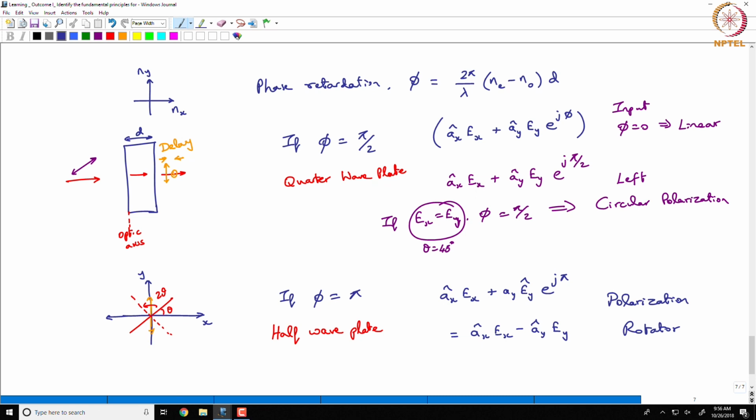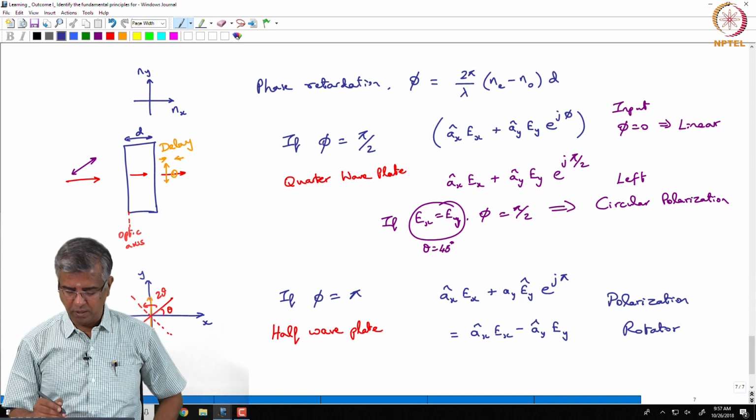So, a vertical polarization is coming in, you go through a half wave plate at 45 degrees, that vertical polarization will become horizontal polarization, and that horizontal polarization now can go through the analyzer. So, you can actually rotate the polarization using a half wave plate. Quarter wave plate is used to convert linear to circular polarization, half wave plate is used to rotate linear polarization.